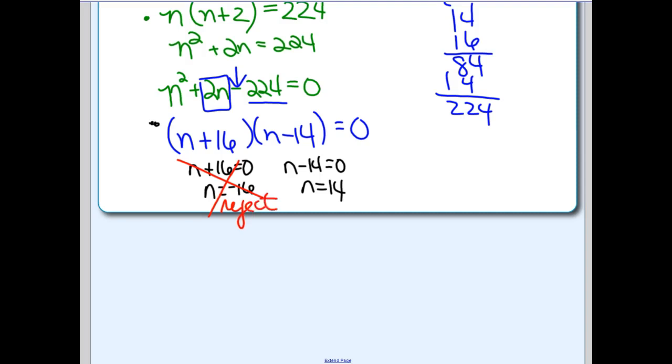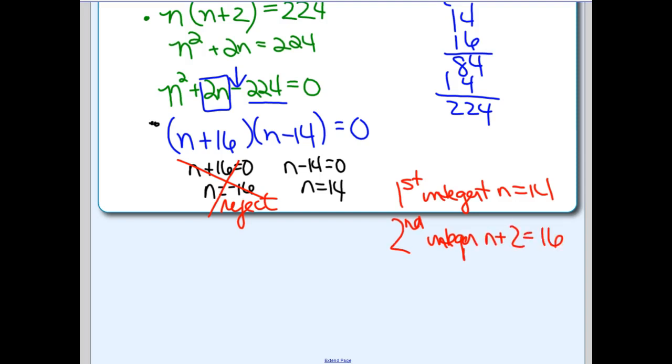So that means that my first integer is n, and we know n equals 14, and that means the second integer, which our let statement says is n plus 2, is going to be 16. And if you multiply those two guys together for your check, guess what you get? 224.